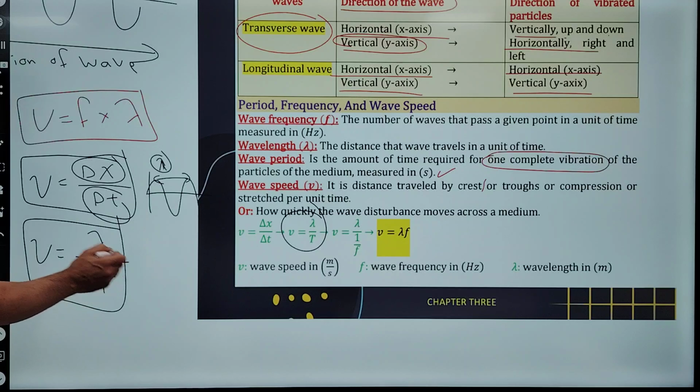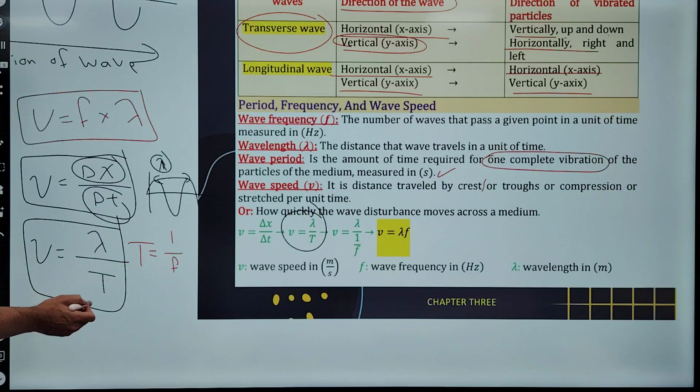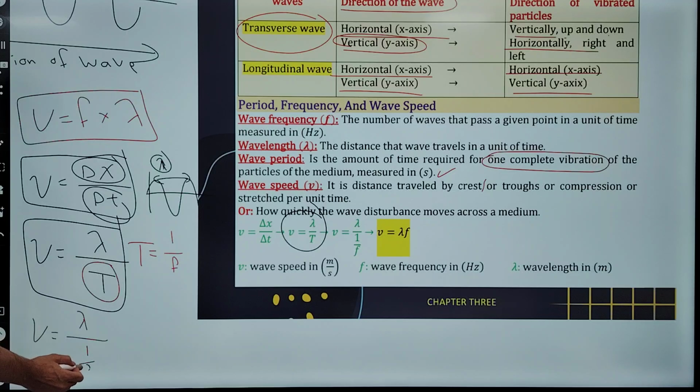If you remember, the period is equal to 1 over f. Instead of period, write down 1 over f. Wavelength divided by 1 over f. Lambda divided by 1 over f. According to basic math, it flips when you move it from the denominator.